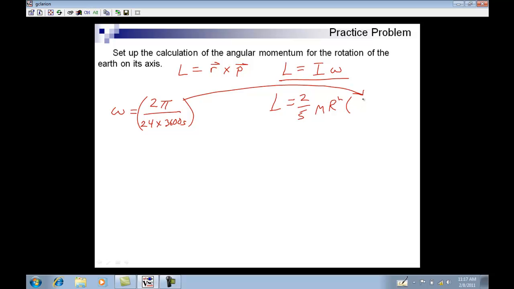I'm just setting this up; we're not actually going to calculate it. So 2 pi over 24 times 3,600 seconds. You would need the mass of the Earth and the radius of the Earth. So that's all we're going to go over as far as this stuff is concerned.